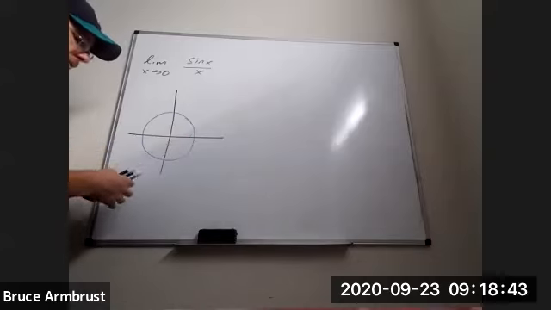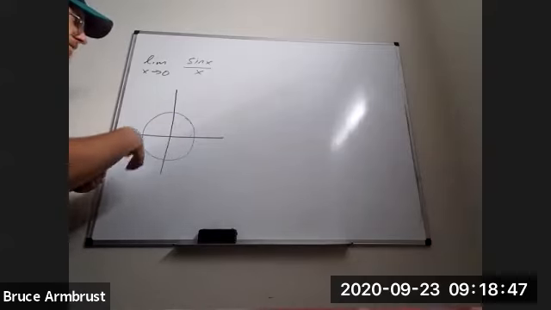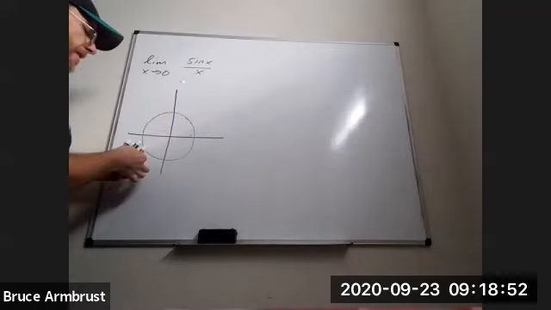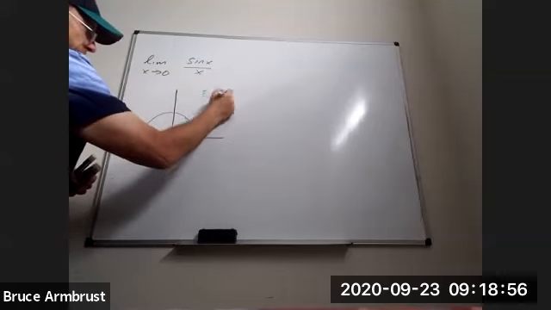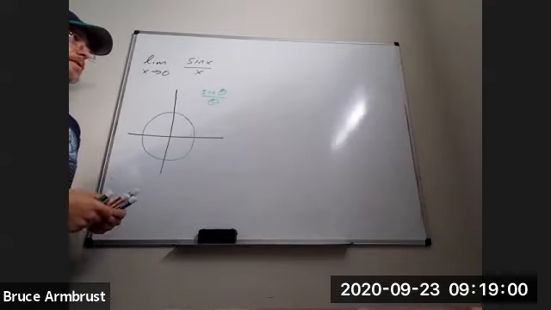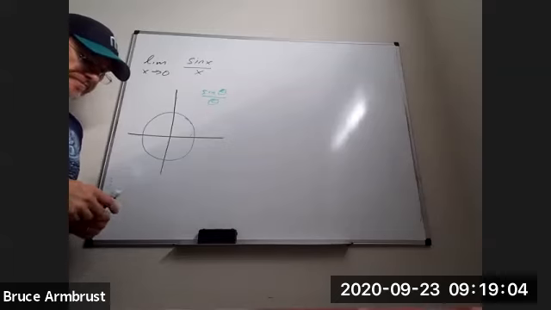Actually, let's change the letter. Let's say we're looking at sine theta over theta. I'm just going to change the variable name so that it's a little more familiar to us when it comes to the trig. So we've got sine theta over theta.